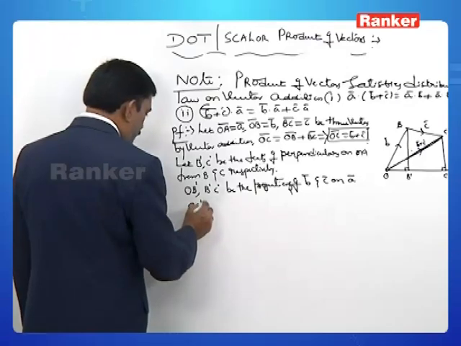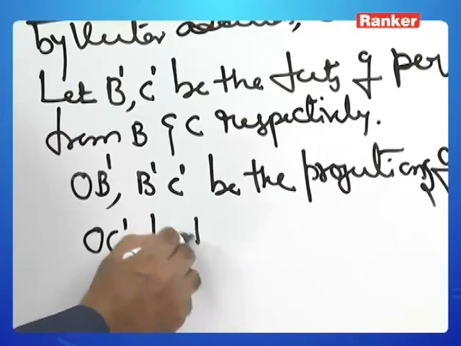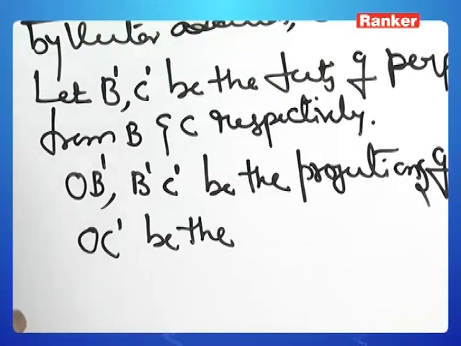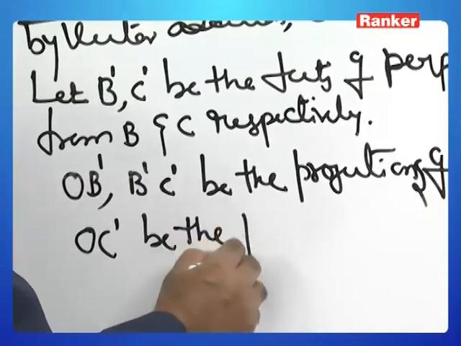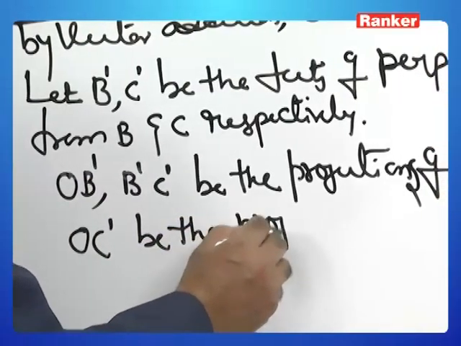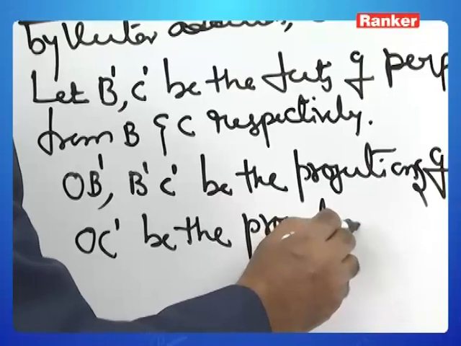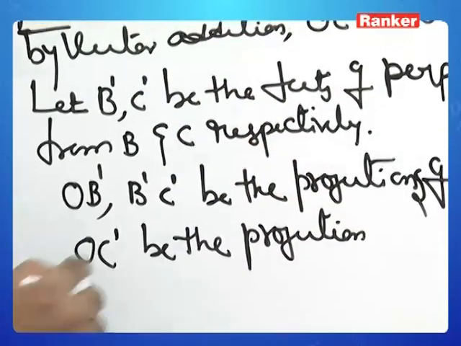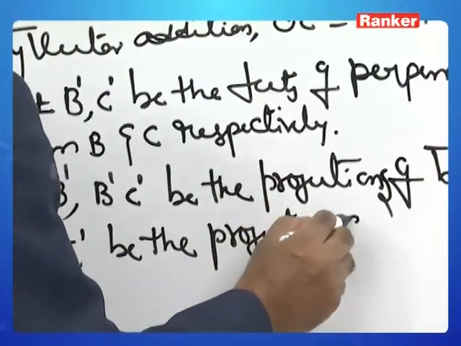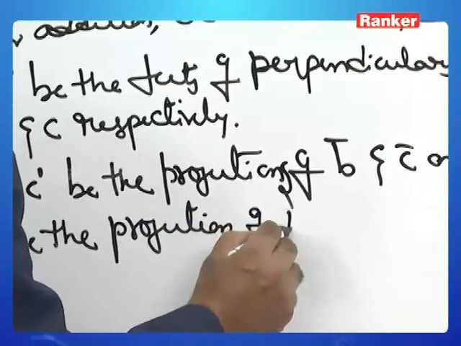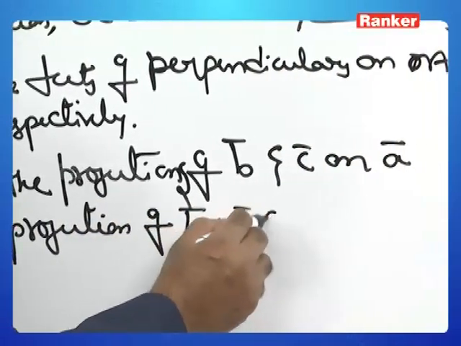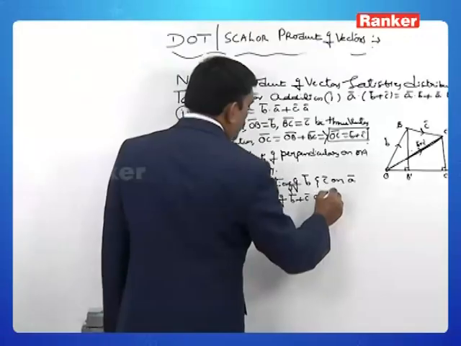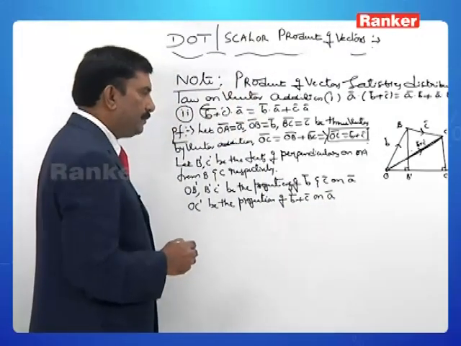Let OC' be the projection of B bar plus C bar on A bar.